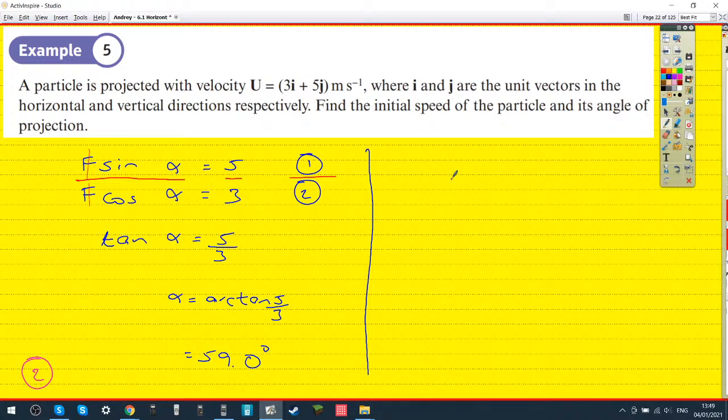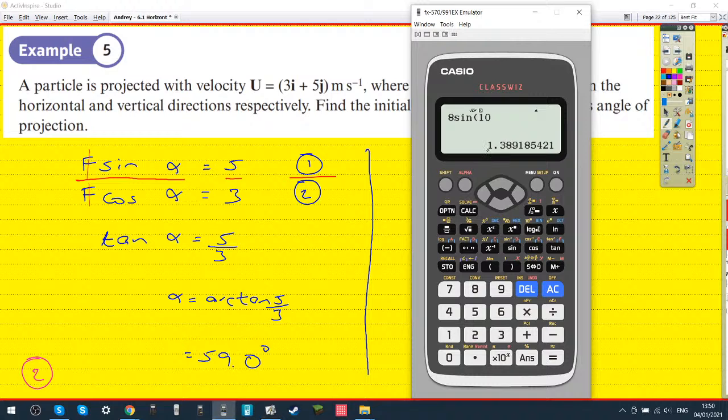Do I need to draw this out again? No. Simultaneous equations. You've got one answer. So is F the speed? Yep. So I can just do F sine 59 equals 5 and solve from there.